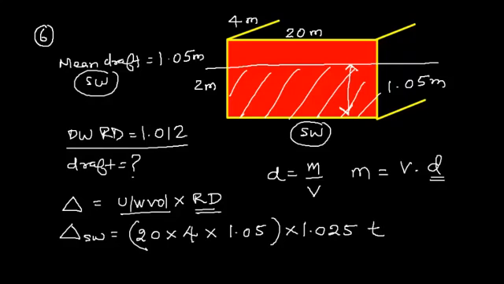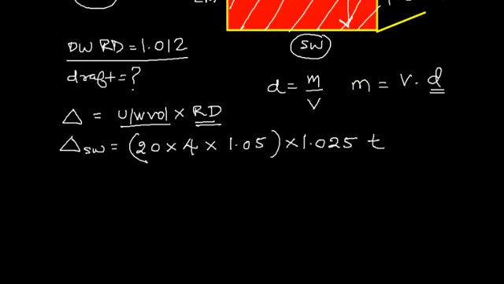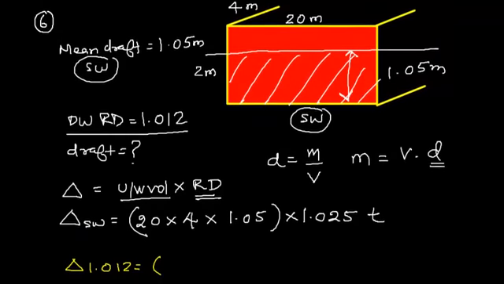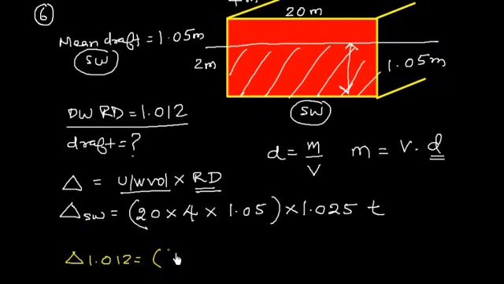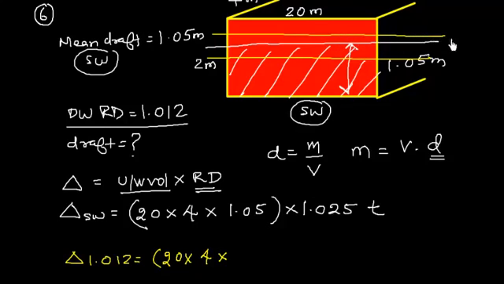Similarly, if the vessel is in dock water, let me use another color. So if the vessel is in dock water, the displacement in dock water with relative density 1.012, is length 20 meter, breadth the same 4 meter, and the draft, let us assume the draft is somewhere here, we don't know.